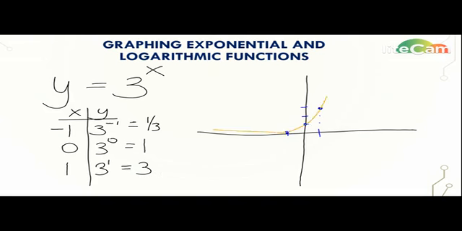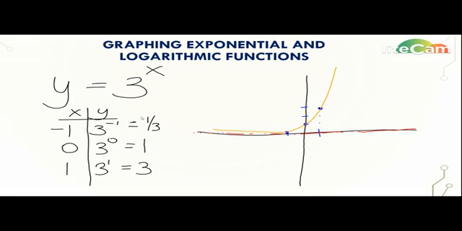Now, just be careful. This is an asymptote. An asymptote is a line. I'm just trying to get it on the x-axis here. An asymptote is the line where the graph will not touch. Remember that the exponent is never going to make 0. An exponent can get as close to 0 as possible.